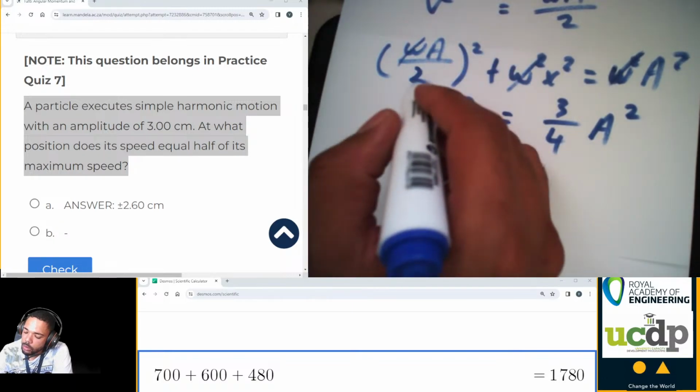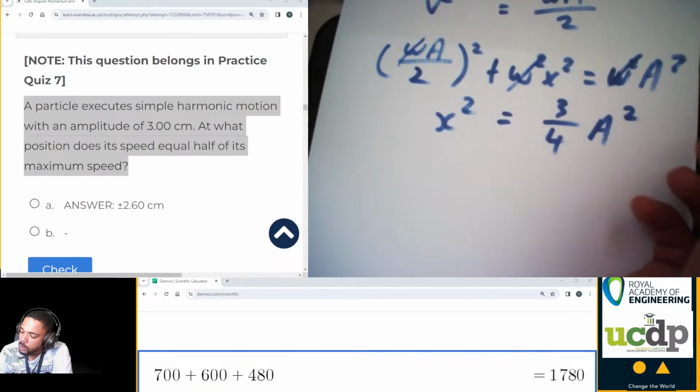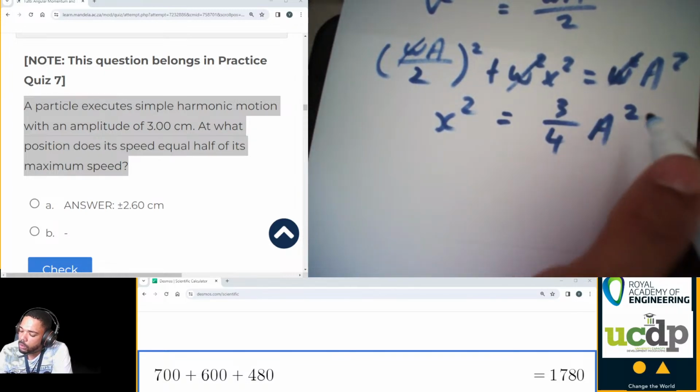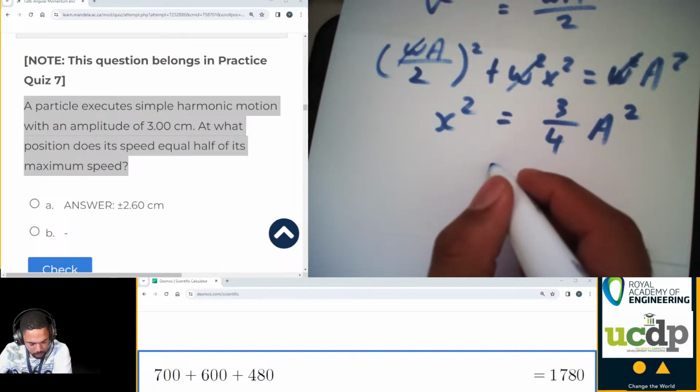If you subtract A squared over 4 from A squared, you have 3 quarters of A squared left. And what you're left with on this side is x squared.